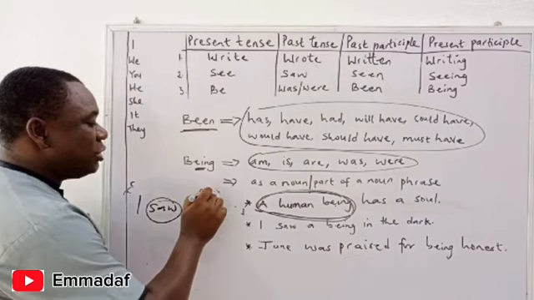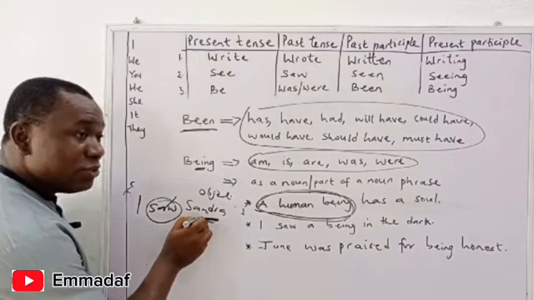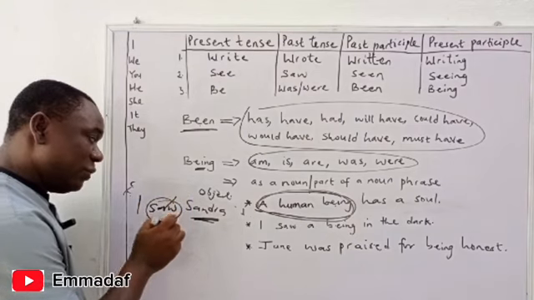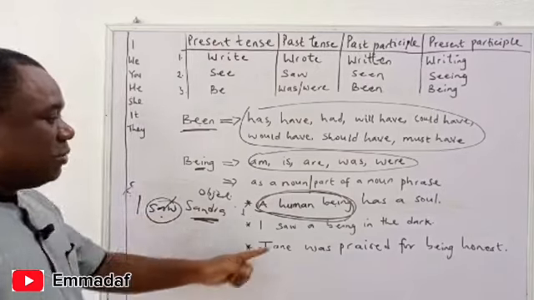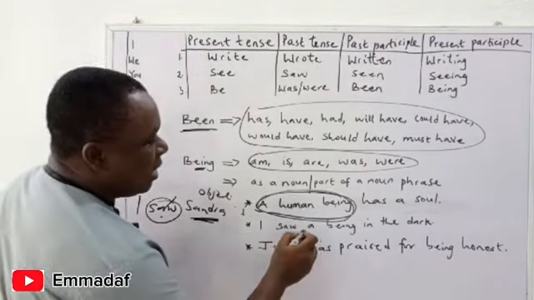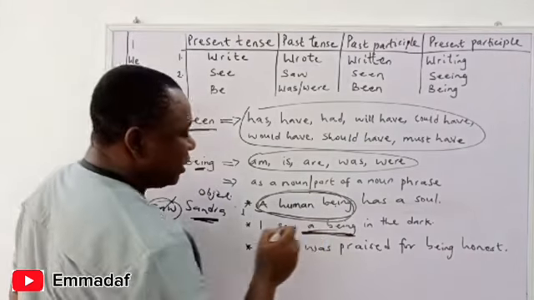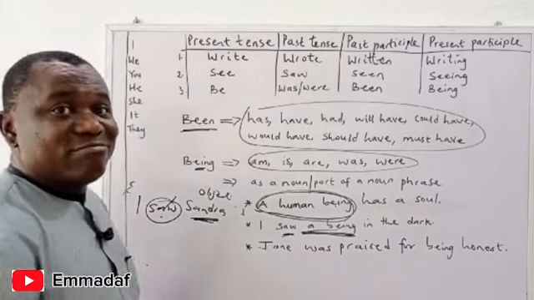So this is the object of this verb. So nouns function as objects of verbs. Look at this. I saw, have been. Here, have been is functioning as the object of this.